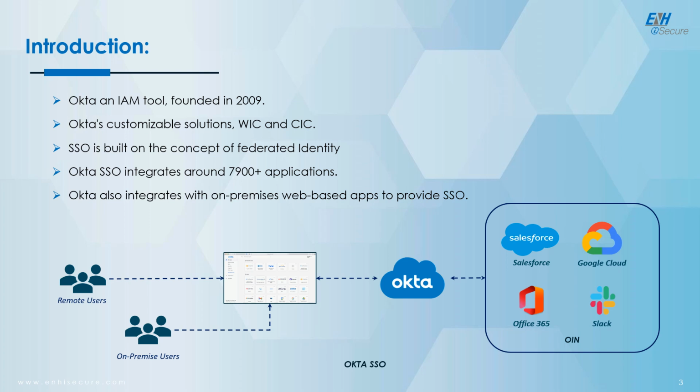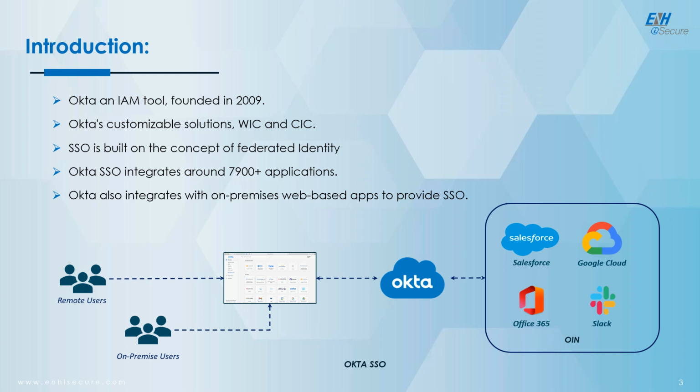Okta is a leading cloud-based identity and access management provider that provides customizable solutions to secure and simplify the way people access resources. It was founded in 2009 by Todd McKinnon and Frederick Kerrest and is headquartered in San Francisco, California. Okta comes with platforms like Workforce Identity Cloud and Customer Identity Cloud, called WIC and CIC, to secure the resources and identities of the users.